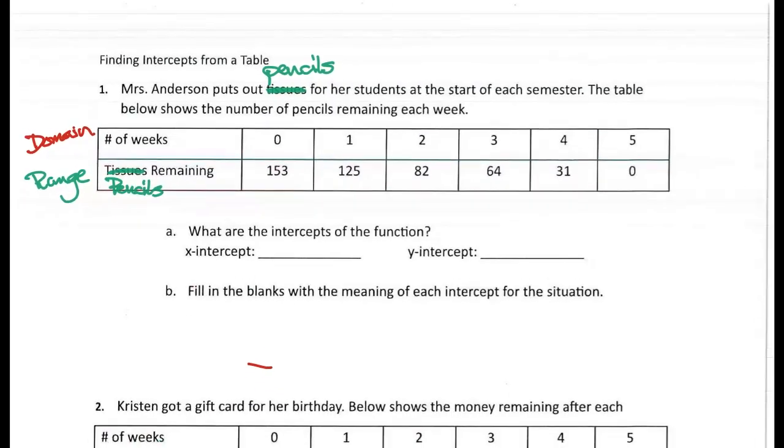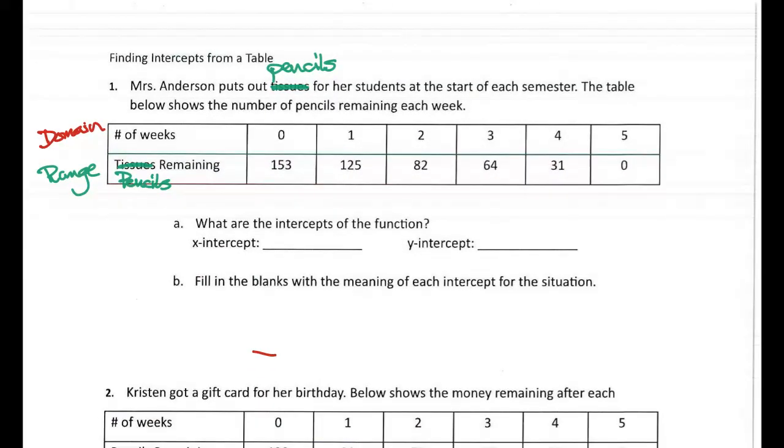Now, as I just said, anytime you see a pair of numbers, so this would be the pair 0, 153. That's an ordered pair. That's the x-coordinate and the y-coordinate. The next one would be 1 and 125. Okay? And then 2 and 82, 3 and 64, etc.